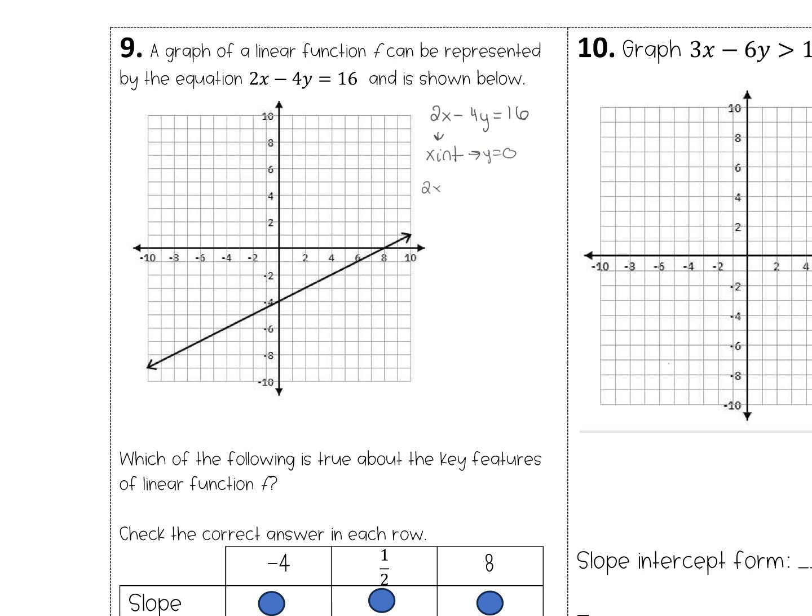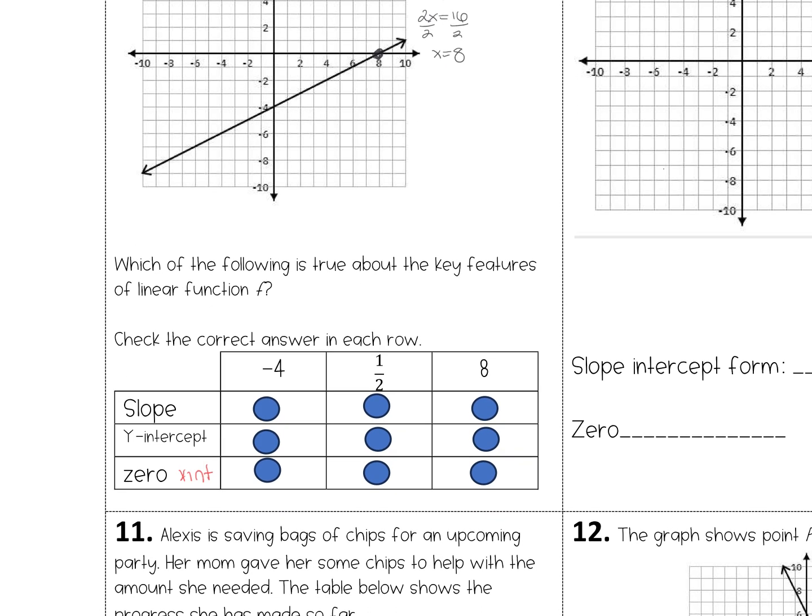So 2x minus 4 times 0 equals 16. 4 times 0 is nothing. 2x equals 16. Divided by 2, x equals 8. Which is what the graph told us. Clear as day, here's my x-intercept. So when I go down here to 0, my x-intercept, this one, 8.